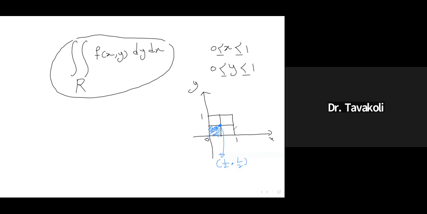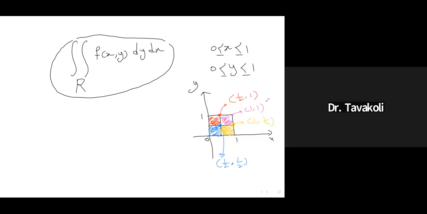From this square, the upper right corner is the point (1, 1/2). From this square, the upper right corner is (1/2, 1). And finally, from the 4th square, the upper right corner is (1, 1).